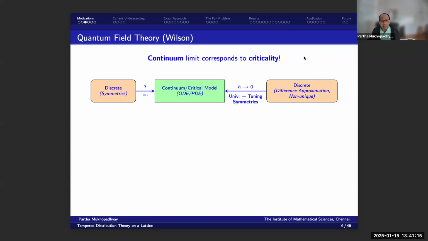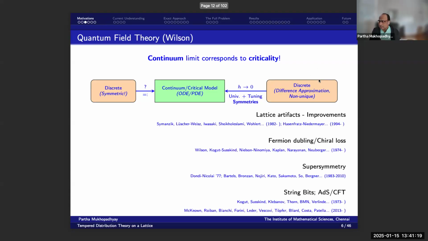Now, on this side, the standard practice of lattice quantum field theories, there are several issues that are relevant in this discussion, which I have tried to list some of them here. The one is lattice artifacts, because we do not have symmetries. How to get rid of the artifacts, and the critical behavior independent of that artifact must emerge.